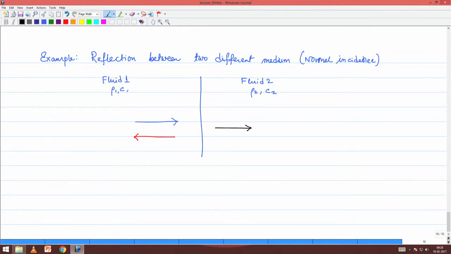The question is to determine how much is the reflection and how much is the transmission from fluid 1 to fluid 2, and we are assuming at present a normal incidence, that is, it is a plane wave such that the direction of travel of the wave is exactly perpendicular to the interface between these two fluids.